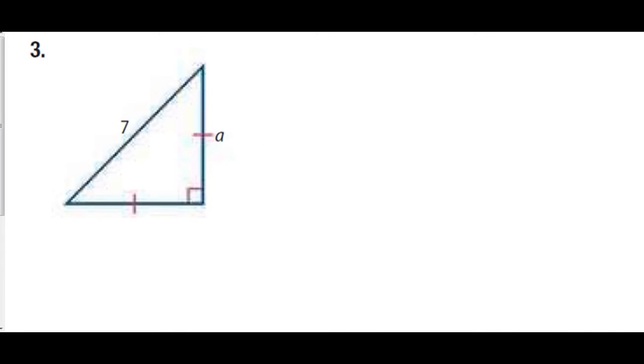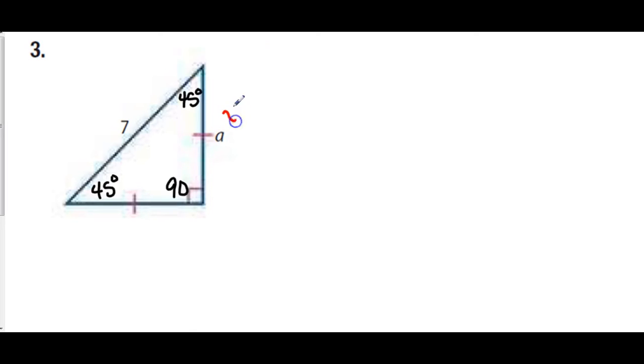Number 3, I see I have a 90. These two sides are equal, which locks these values into being 45 and 45. So I have a 45, 45, 90. On your own, please take a second and give it a shot labeling the relationships on each of the three sides.